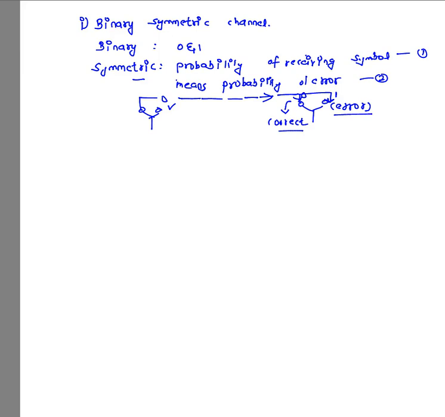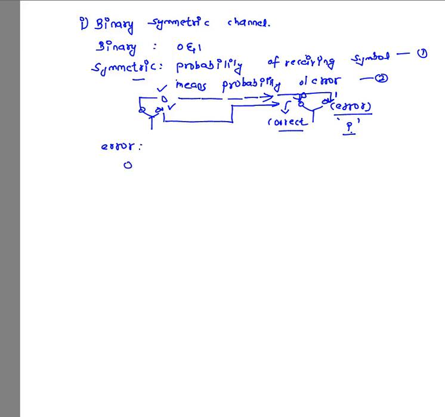Let the probability for error to happen be P. Then symmetric indicates that the probability of occurrence of error where 1 is received, that means 0 is sent, is P. Then symmetricity indicates that the probability of occurrence of 0 when 1 is transmitted is also P. So error will be happening in two cases.